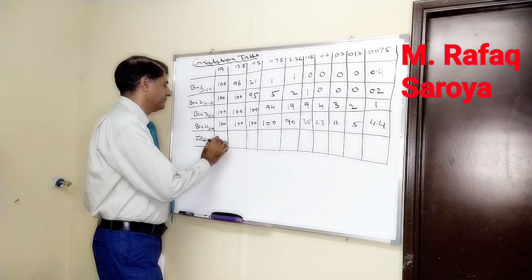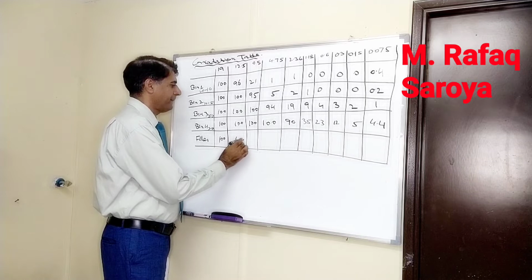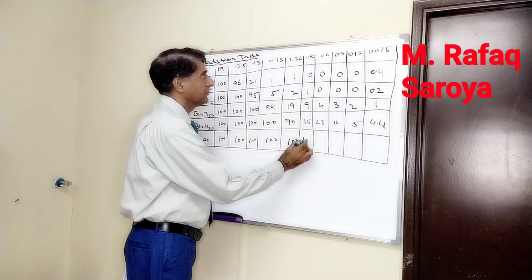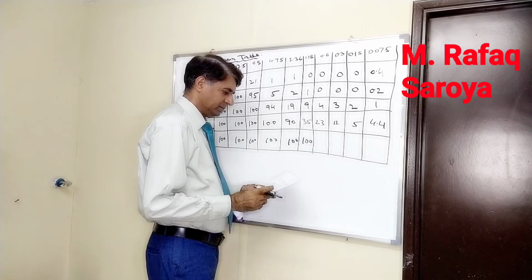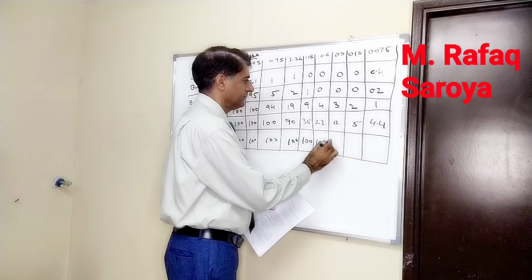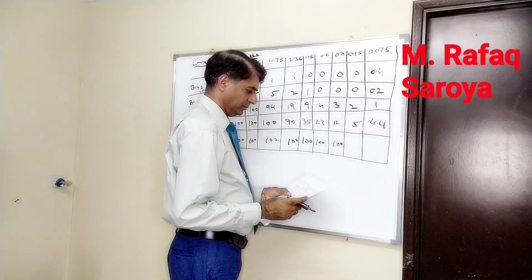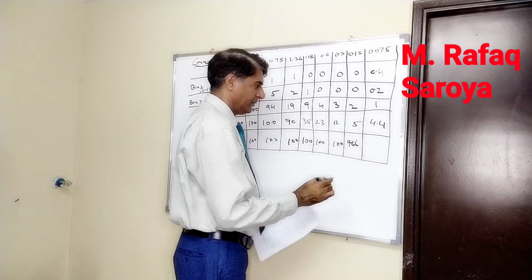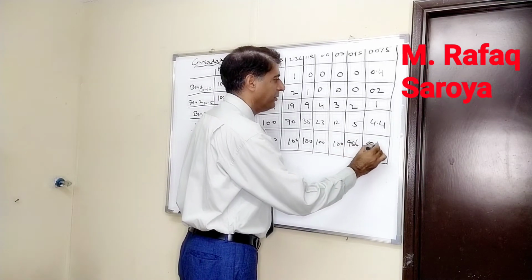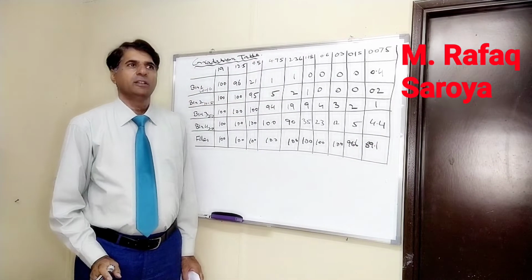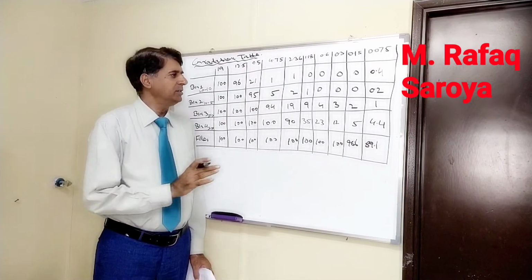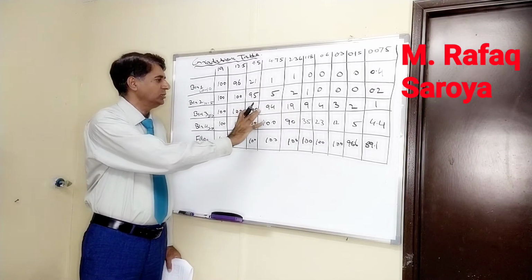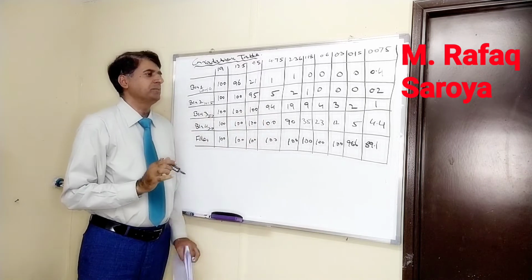And in the last, filler, 98.6 and then 89.1. So this is the value of the table which we have plotted in order to get the result of the gradation.